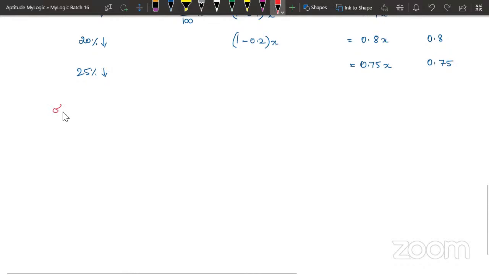That is, if old value you want to divide it or multiply it. So that is for these questions we get.